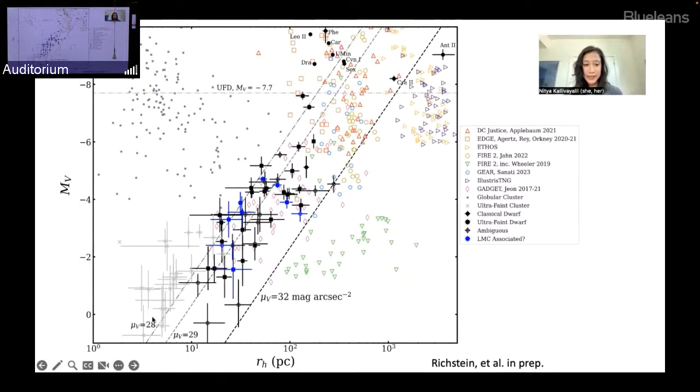These are lines of constant surface brightness, 28, 29, and then this last line here is 32 magnitudes per arcsecond squared, a Rubin and Roman type expected surface brightness that we can achieve. So I think it'll be really interesting to see if observationally we can or cannot fill out this particular space in terms of size of dwarf.